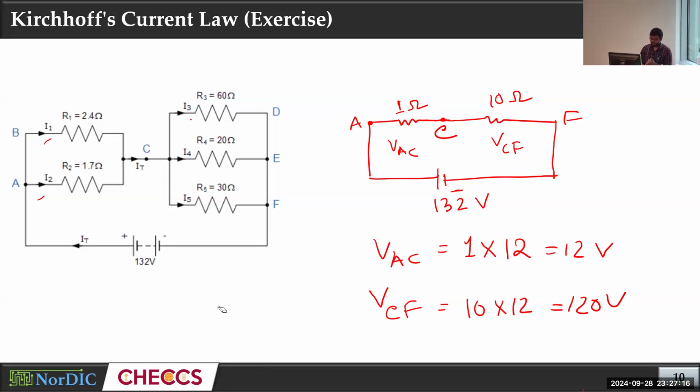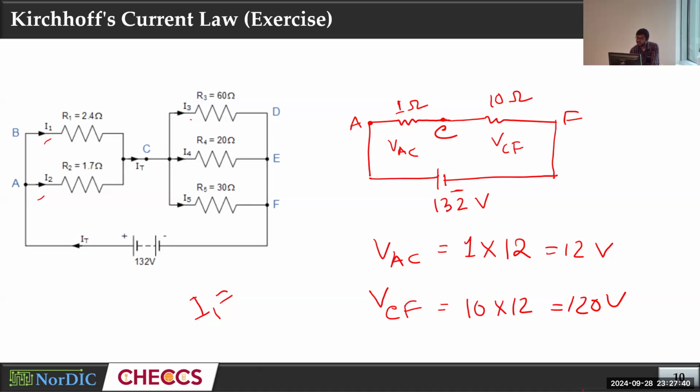So up to this point, we have VAC and VCF. Now, what will be the value of I1? It should be V by R. Which V, VAC or VCF?